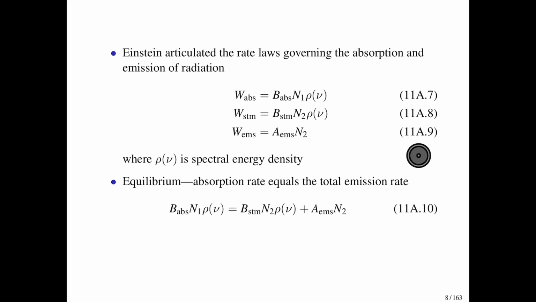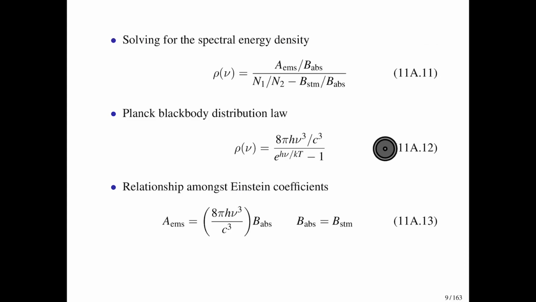And in the next slide, what's done is a little bit of manipulation. So that equilibrium equation is solved for the spectral energy density, and so you get an expression that looks like this. And then what you can do, really, you could have any spectral density that your system has, but in this particular case, we're going to assume that the spectral energy density is given by something that we've seen previously, the Planck black-body distribution law.